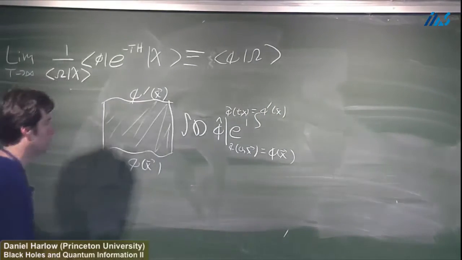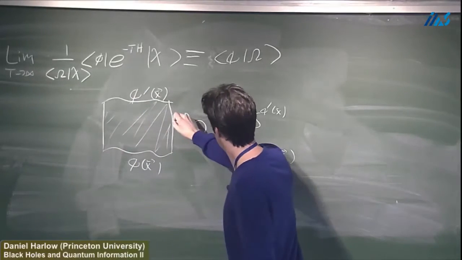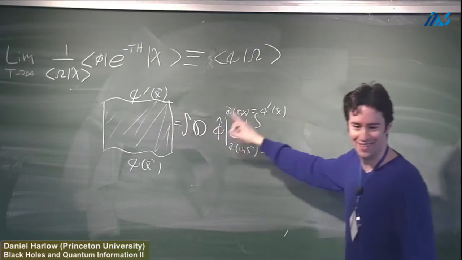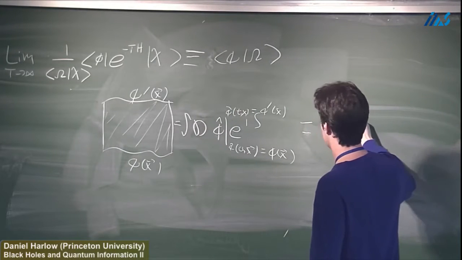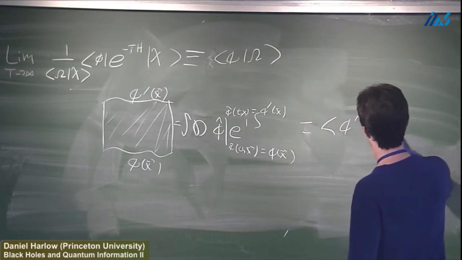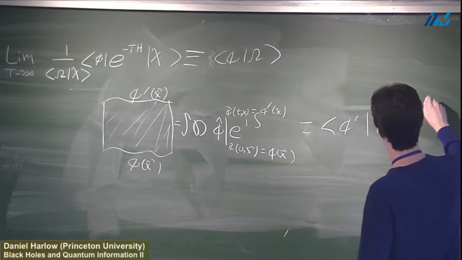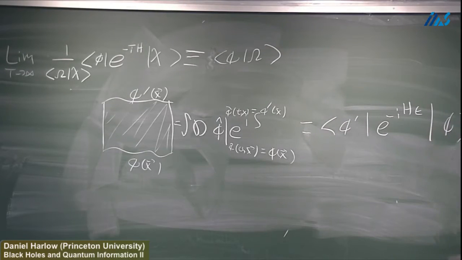This integral is what the picture is representing, and what Feynman showed is that this is just equal to evolving for time t. So this is the propagator of the system.